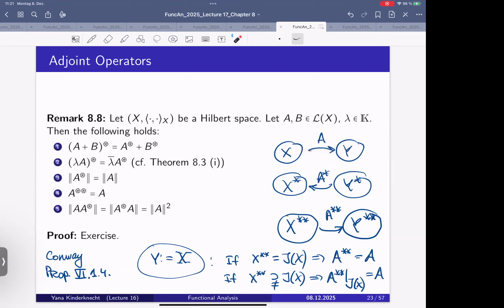Coming back to remark 8.2, this mapping A to A star maybe does not need to be surjective, does not need to be an isometry. But if X is reflexive, then this is an isometric isomorphism, and vice versa.